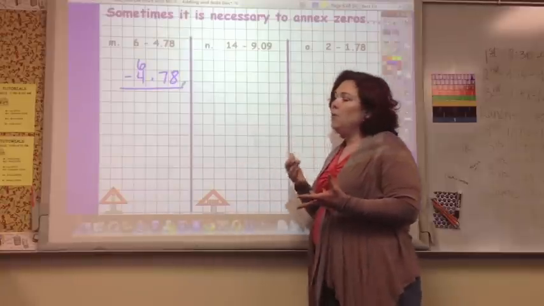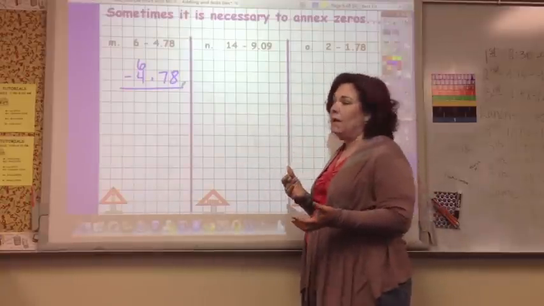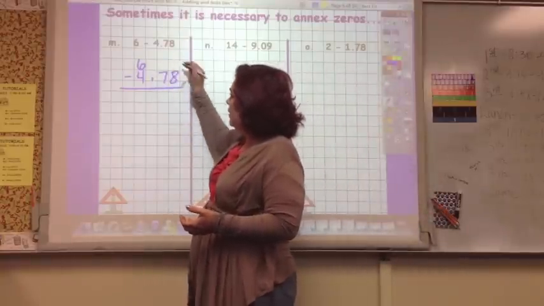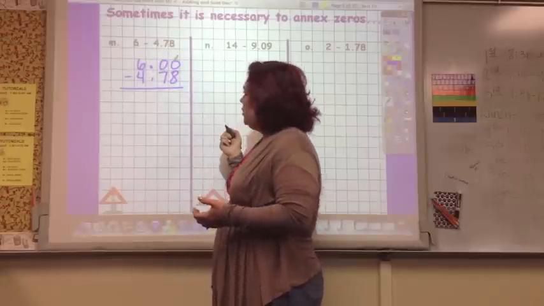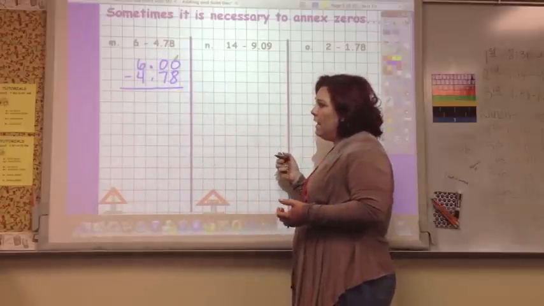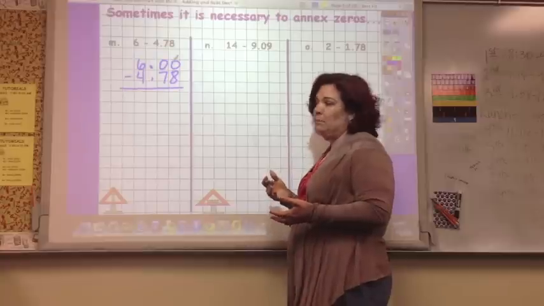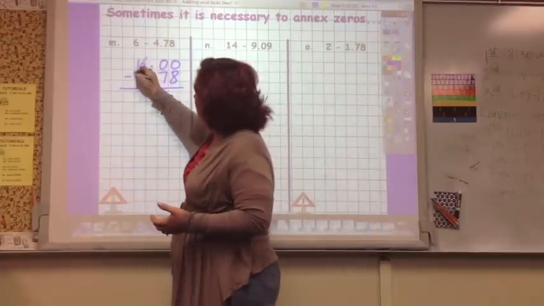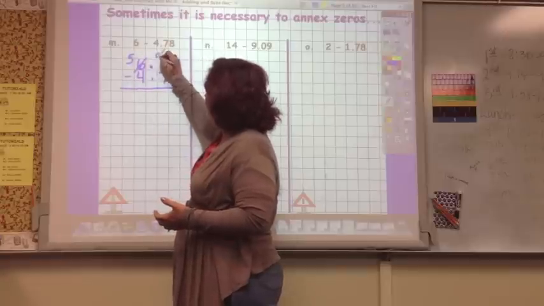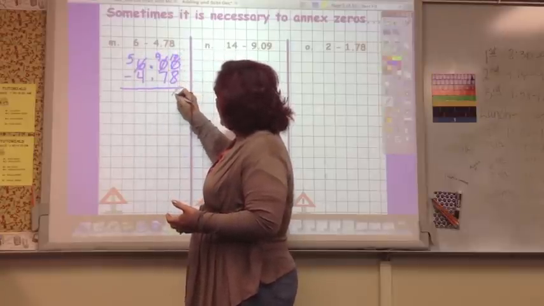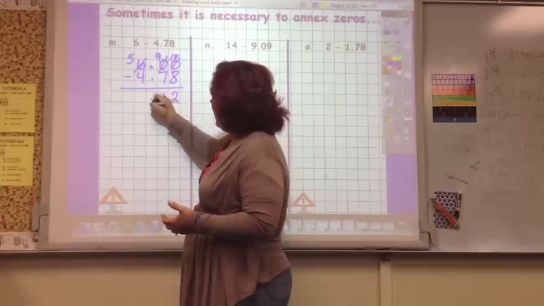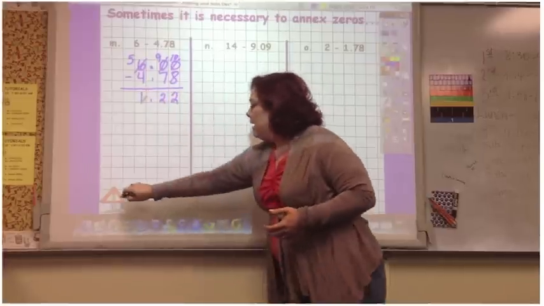Well, we know we can't take 78 from nothing. There's nothing here. So you have to add the zeros in to subtract from. And now it would be the same as borrowing. You would take the 6 and make it a 5, and this would become a 9 and a 10, and then you would subtract and still have everything lined up.